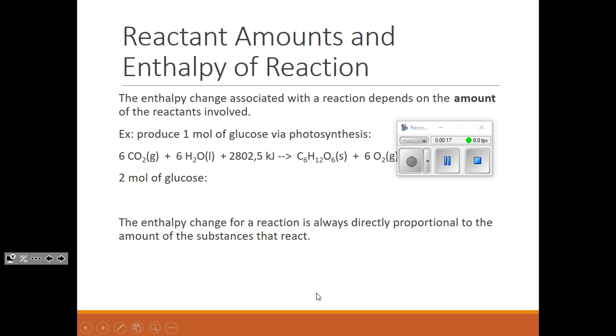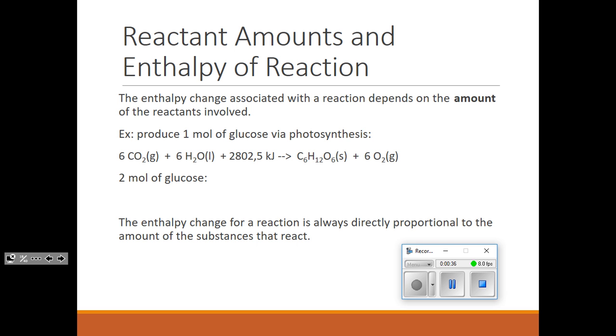So we are going to talk about the amount of something that there is. If we're talking about an enthalpy change, it depends on the amount of reactants involved. So question number 3 in the homework from yesterday really depended on the amount.